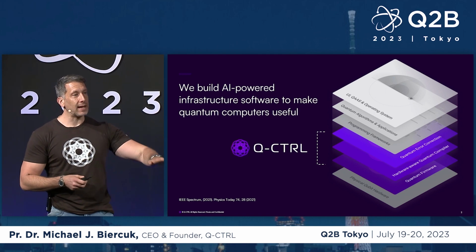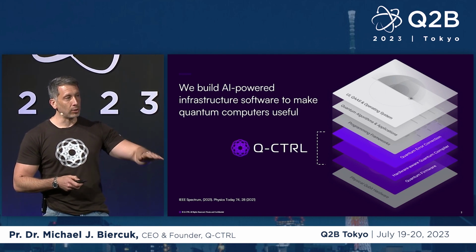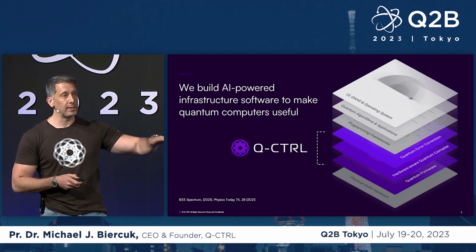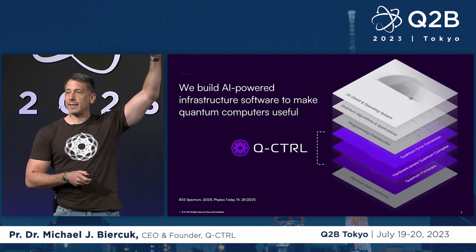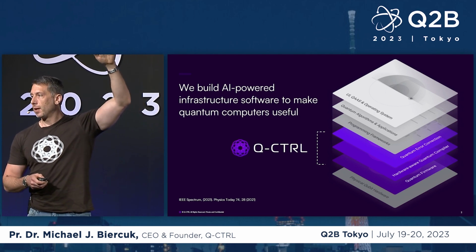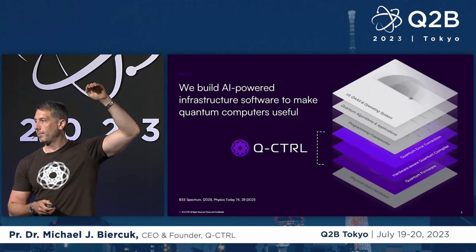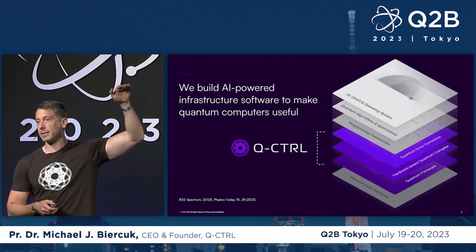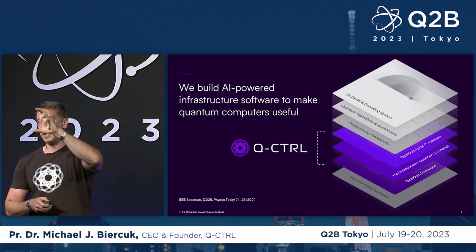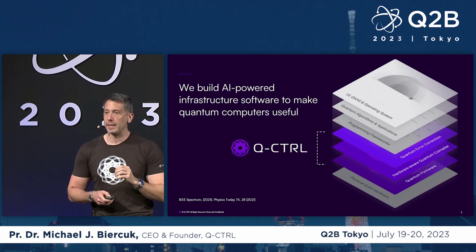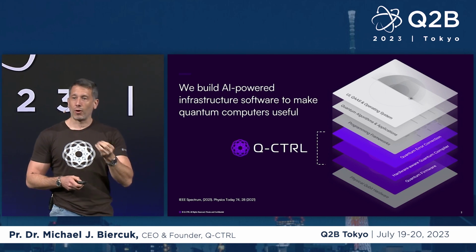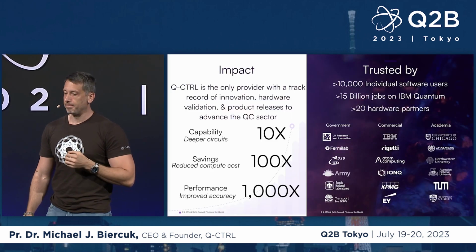We connect at the low level to the control electronics from our friends at Quantum Machines and Q-Blocks and others, and at the high level to the algorithm frameworks for development and the developer tools from Classiq, from Strangeworks and others, that allow you to write your programs. We provide everything in between, telling how the hardware should actually be manipulated.